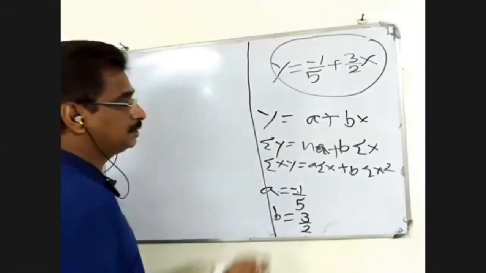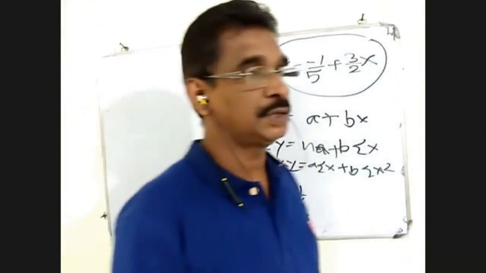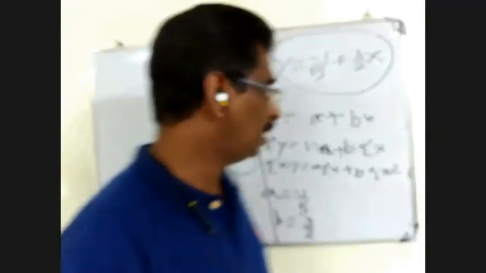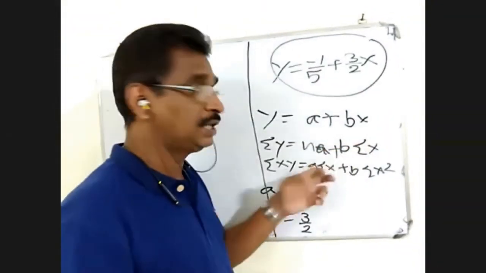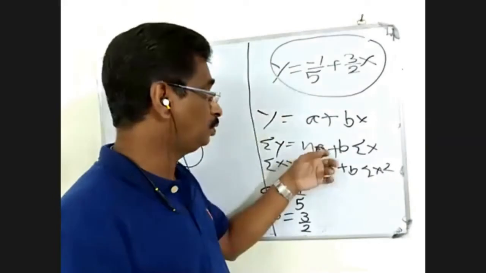Another method is that you can do the same problem in another way. The method is the same. We have to find the values of a and b.